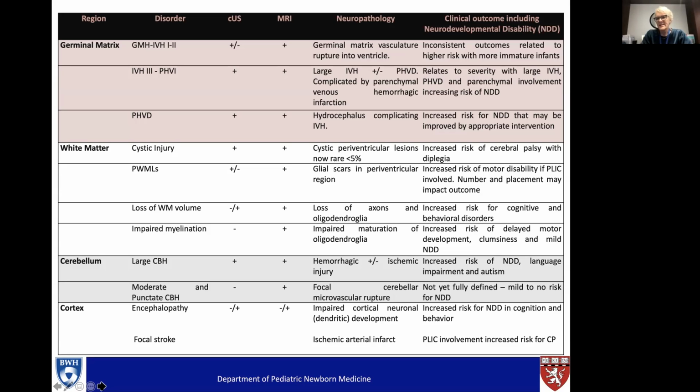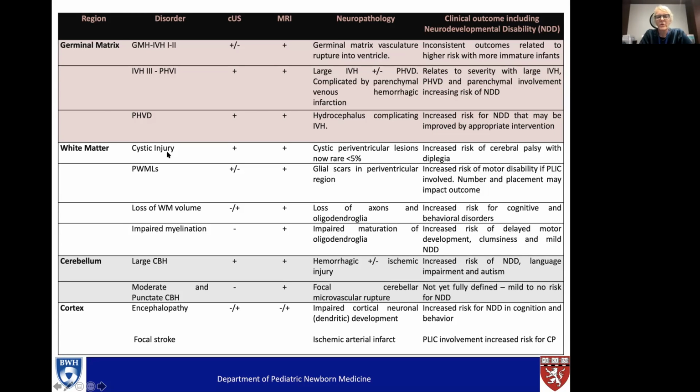This is a very busy slide, but let me walk you through it. These are the 4 forms of brain injury that we have touched on: IVH, white matter injury, cerebellar hemorrhage. We haven't talked much about the cortex, but I will at the end.